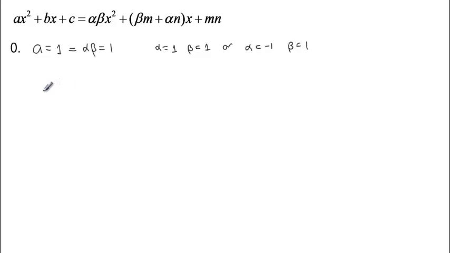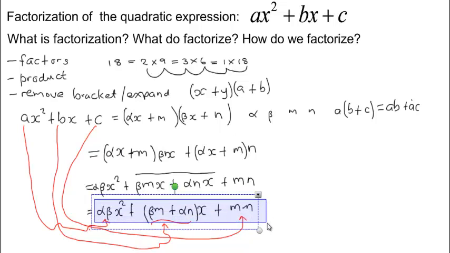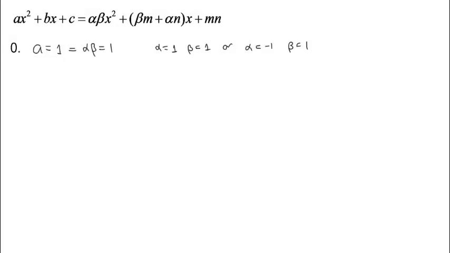In that case, in what we saw before, this form of expression will look as follows. Alpha and beta equal to 1.